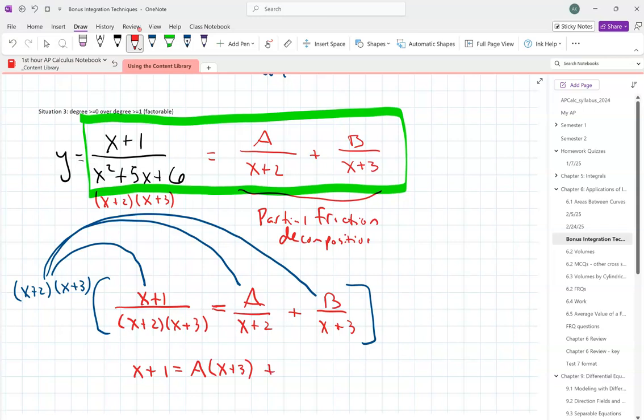And when I multiply it to the second term, the x plus 3's are going to cancel out, so I'm left with b times x plus 2. So far, so good. I'm now going to distribute the a and b's through.